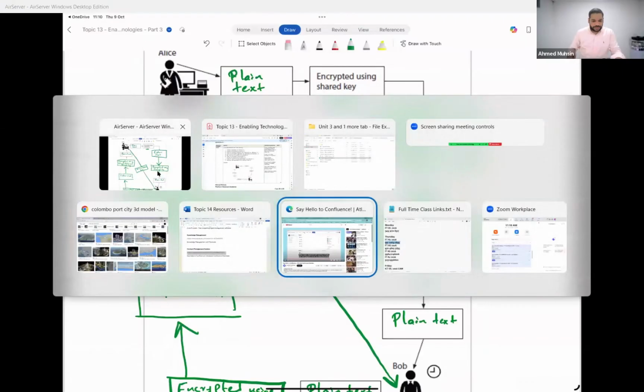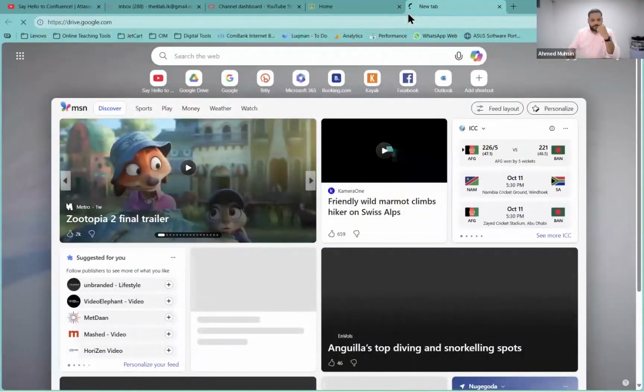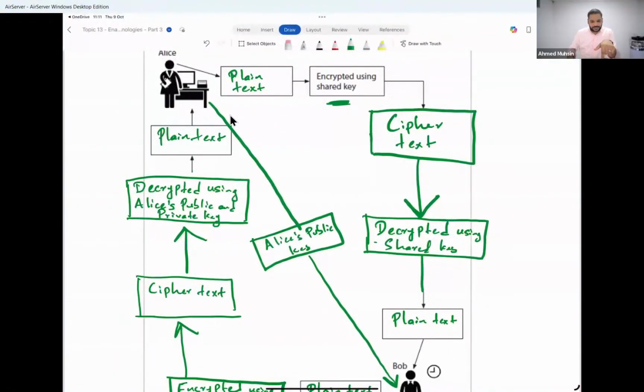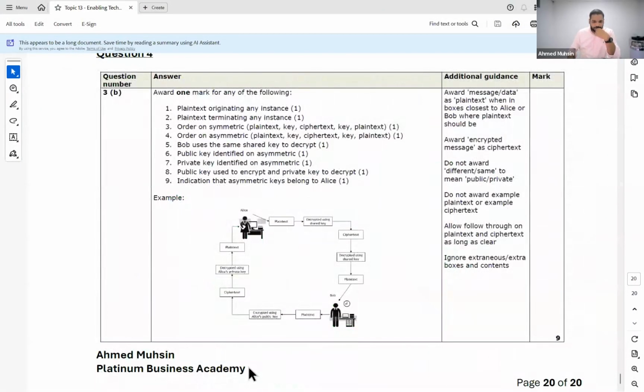Give me a second to locate the quiz link. Everybody first finish this. The only thing that was missing in the marking scheme is Alice sharing her public key with Bob. Everything else is okay. Okay, can you get your devices ready then, everybody? We'll start the quiz.